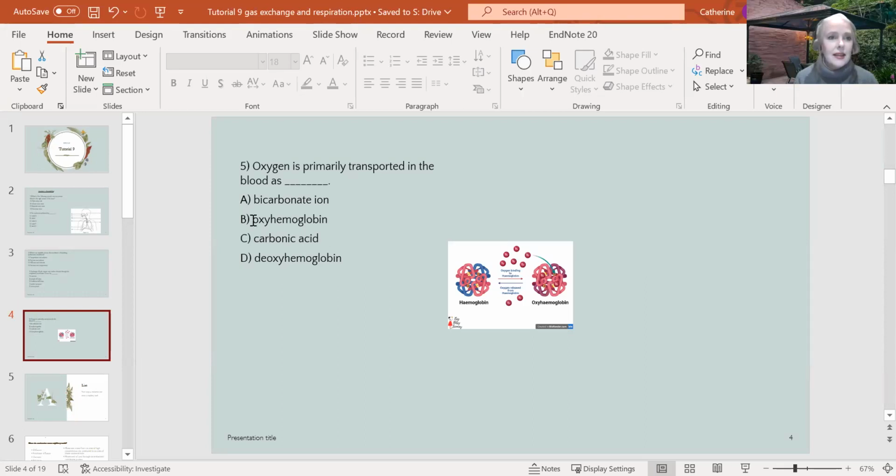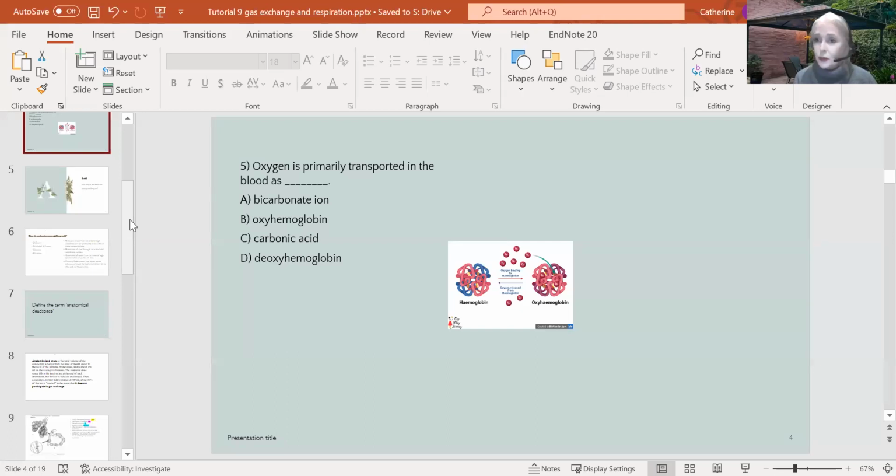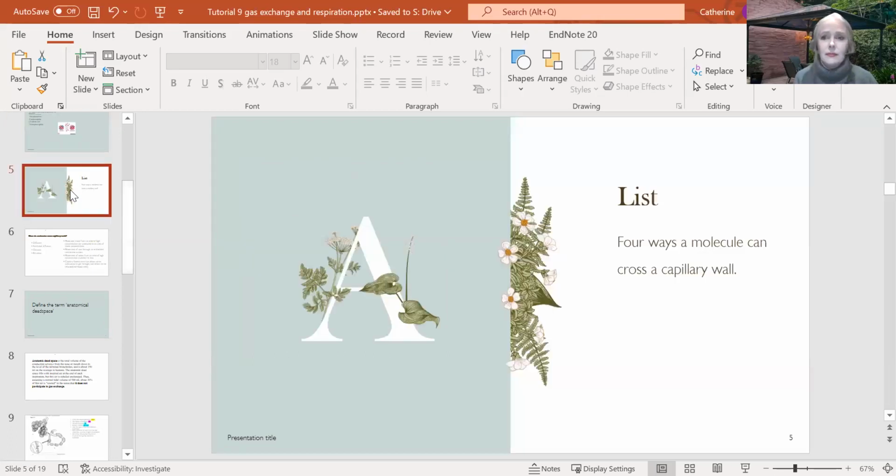Okay. And as usual, the Monday tutorial group has smashed through the multiple choice, 5 on 5. Nicely done. Okay. Now, this is a little bit more complicated. Now we're not just talking about oxygen and carbon dioxide, because this is: list 4 ways a molecule can cross a capillary wall.